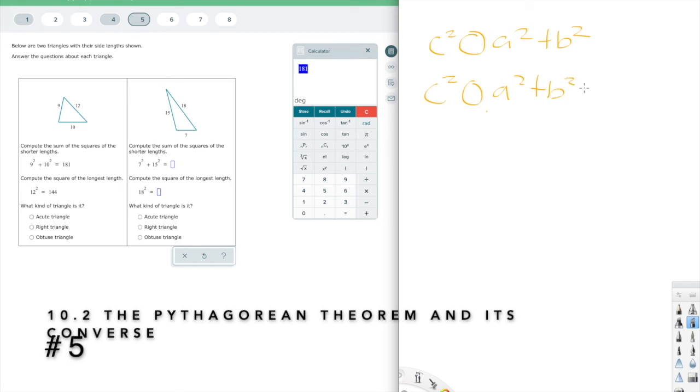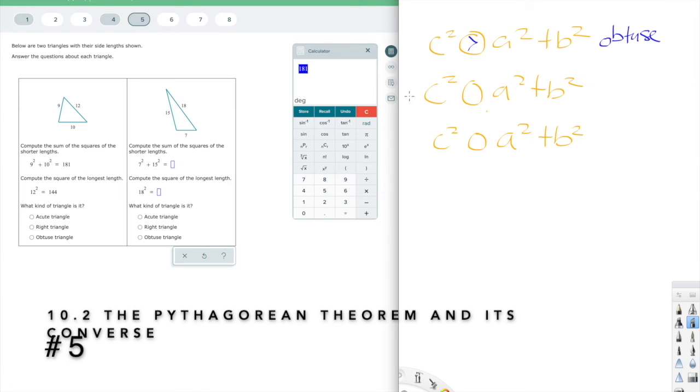I'll do blue, just so that it's a little darker. If c squared is larger than the other two added together, then it's obtuse. This is not a right triangle, it's an obtuse triangle.